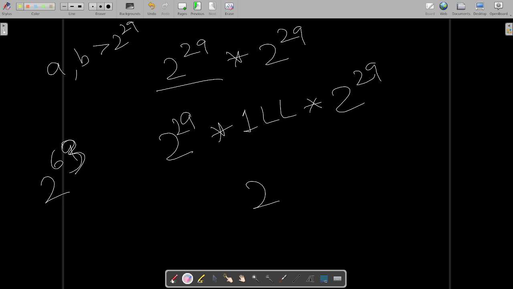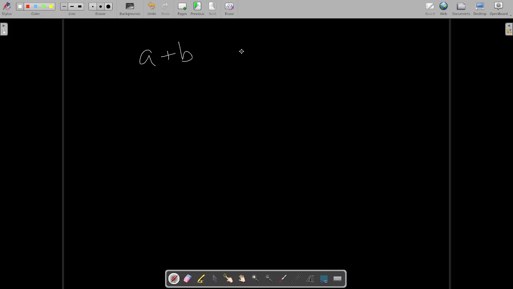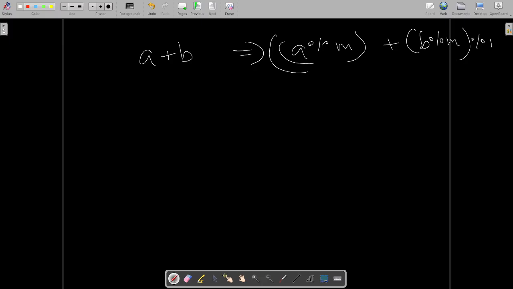This will reach 2 raised to the power 58, which is less than the constraint. So this won't overflow, and when you do a modulo, it will take care of that. For A plus B, it's easy: you just do A modulo M plus B modulo M, and take modulo M. And for A into B, you have to typecast it.